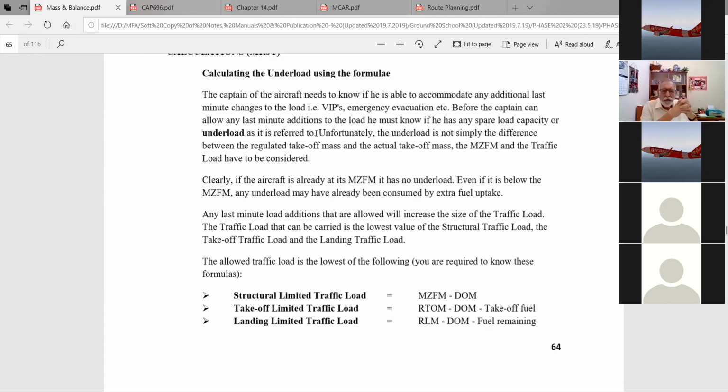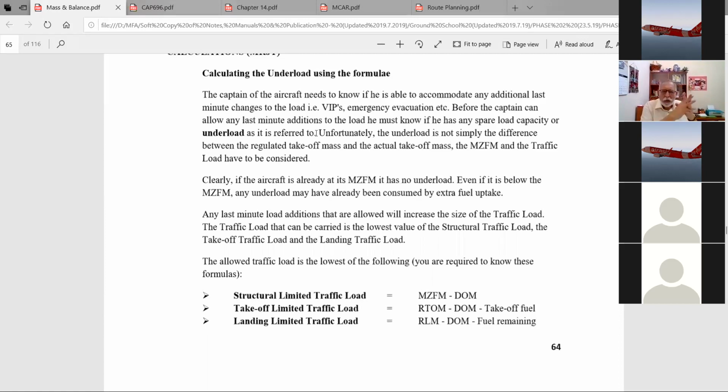So when you are sitting in the aircraft, the load master will bring what is called the load and trim sheet, which we will study later on. When you look at the load and trim sheet, you will be able to calculate what is your underload for that particular flight on that particular day.